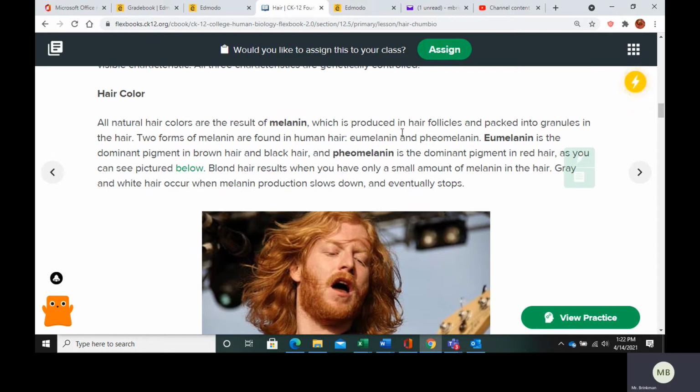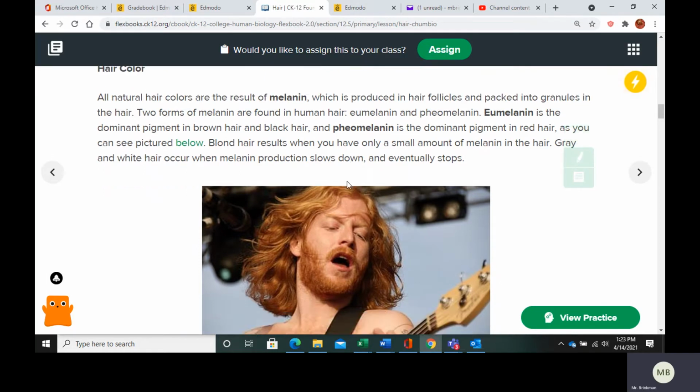Eumelanin is the dominant pigment in brown hair and black hair. Pheomelanin is the dominant pigment in red hair. Blonde hair is when you only have a small amount of melanin, and gray and white are going to be when your melanin production is slowing down.